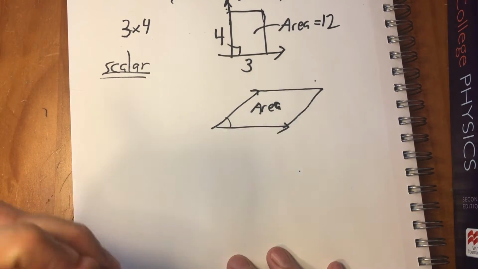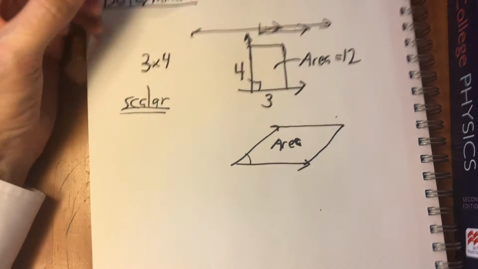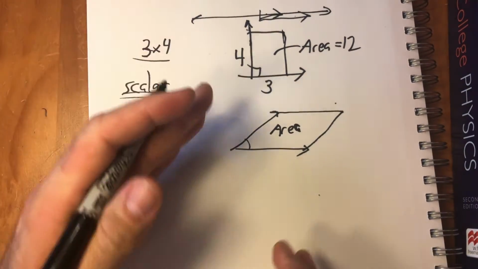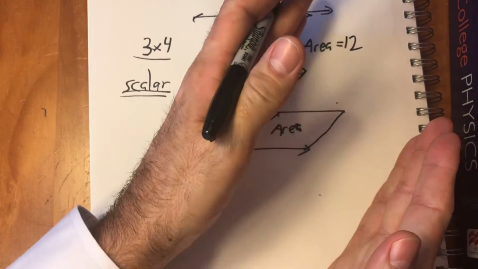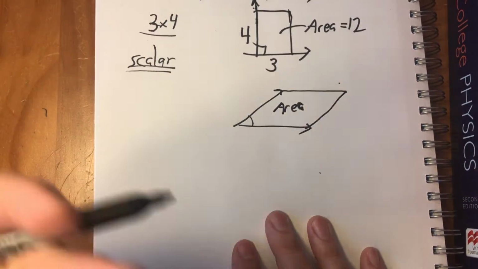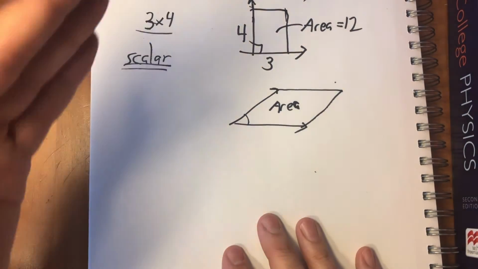So if we're just dealing with straightforward numbers like 3 times 4, then everything's orthogonal and the area is 12. But if we're dealing with vectors, they might not be orthogonal. They might be at some other angle to each other, in which case we have to take that into account. That's what the determinant does.